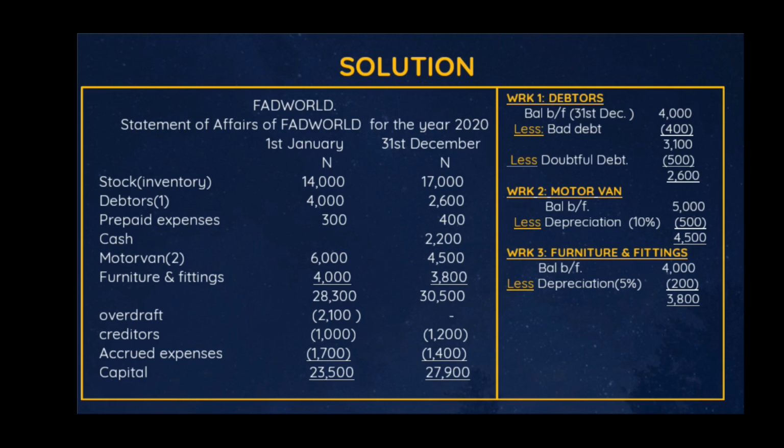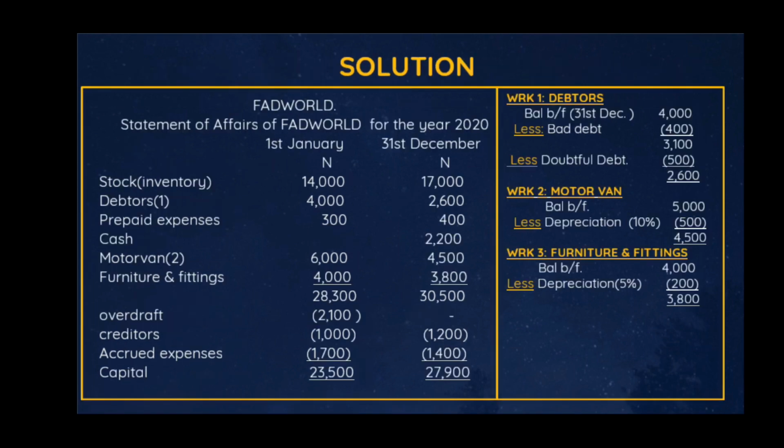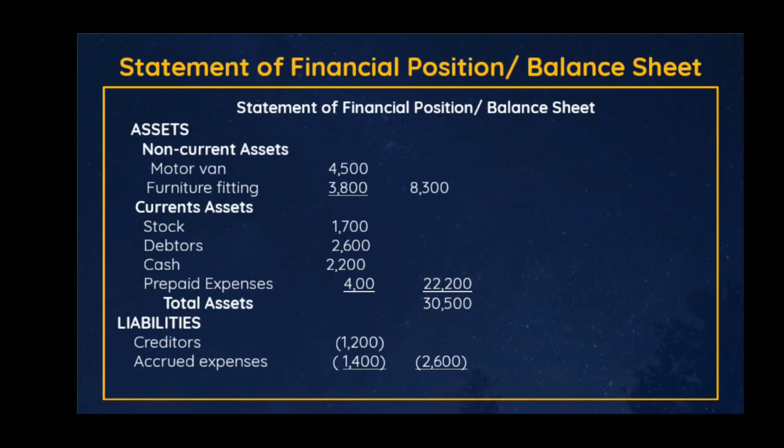What is the value of accrued expenses? 1,400 naira. If we add 1,200 and 1,400 together, it's going to give us 2,600. That is the total of the liability. Now if we deduct 2,600 from 30,500, we are going to have 27,900. The 27,900 should be equivalent to our closing capital, and that is the net assets for the business.